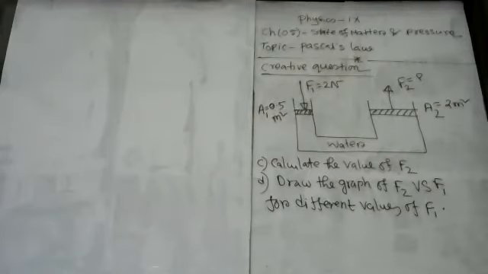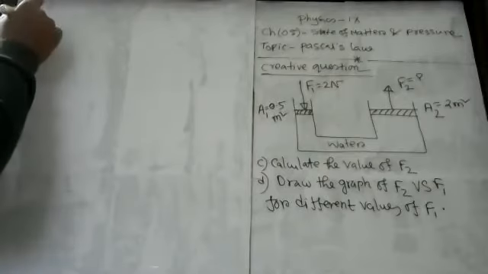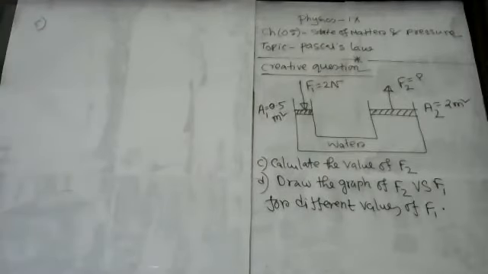Now I'm going to solve question number C. You see that for the case of Pascal's law, all the physical quantities are given except F2. So it's very easy to find the value of F2 by using the mathematical form of Pascal's law.